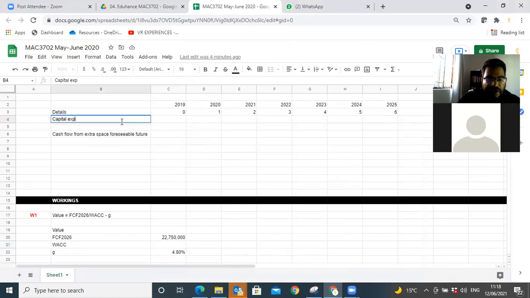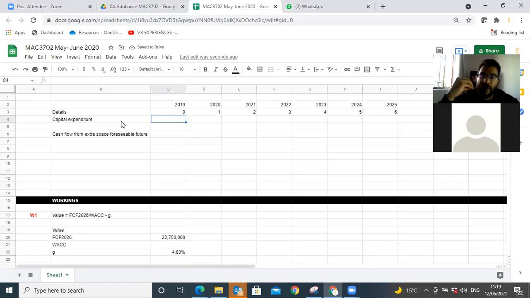Capital expenditure. What is important to take note of: the first 245 million will be spent at the start of the first year, which is 2020. So the cash flow is happening at the beginning of 2020.